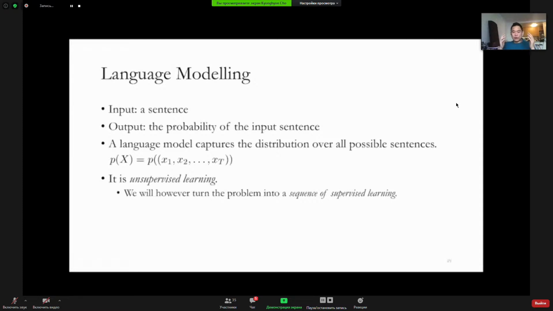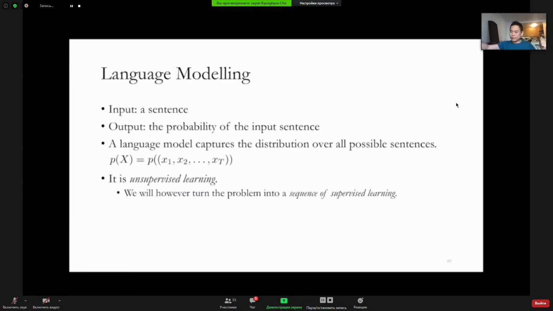So the idea is that we want to be able to tell whether a given sentence is likely or not according to our data. In order to do so, we have to build a language model that can capture the distribution over all possible sentences. That sounds like a daunting task, because if you think about how many sentences there are, even with the maximum length fixed to some value, it's going to be the size of the vocabulary to the power of the maximum length.